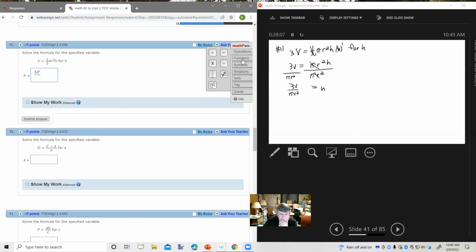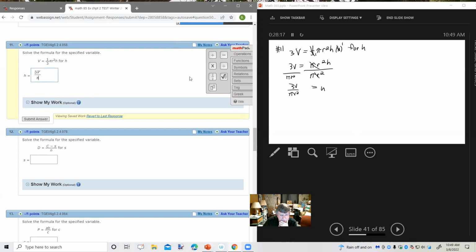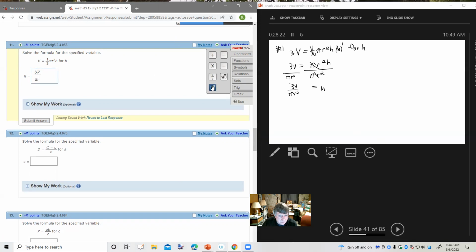Functions, I think it's symbols. Symbols, there it is. Pi, and then r squared. So I think we put in the r and then the 2. So 3V over pi r squared. Let's see what happens.